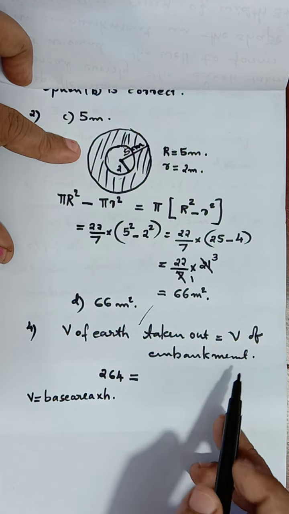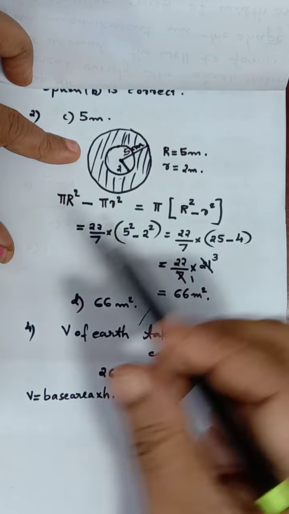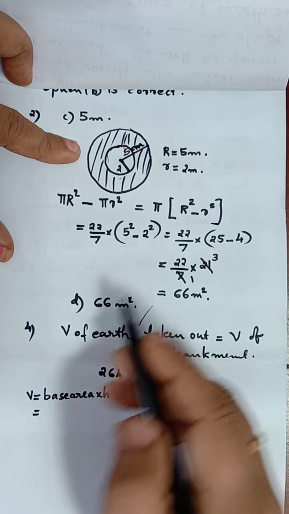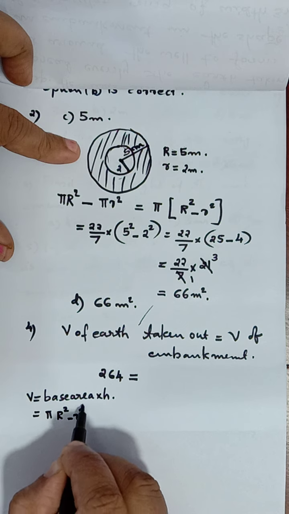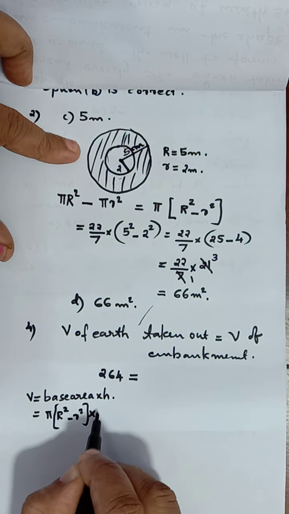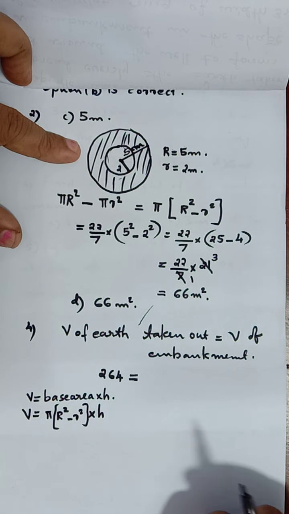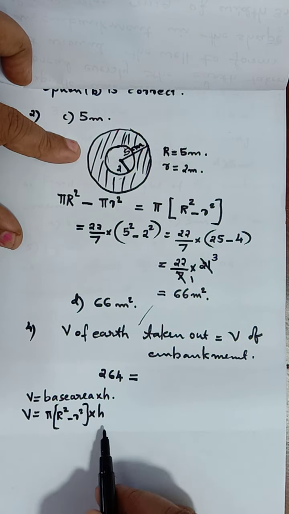For the embankment we have to consider the base area, which means the area of the ring. Area of the ring, we already know the formula: it is pi into R square minus r square, into height. This is the volume of the embankment.